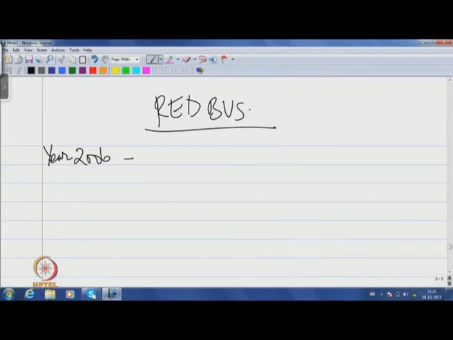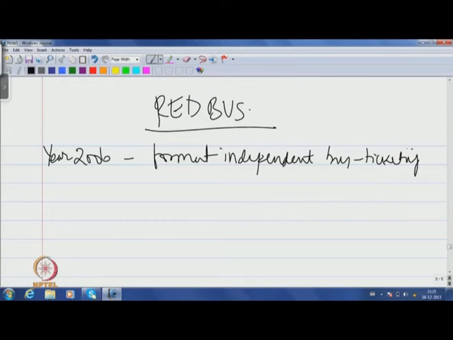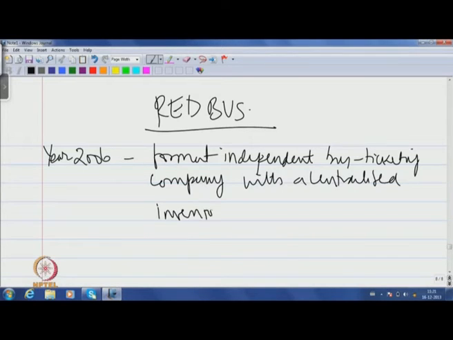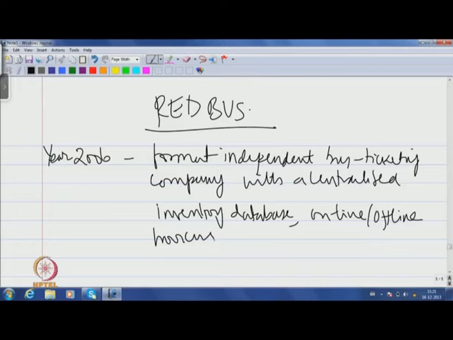And Redbus was launched as a format independent bus ticketing company with a centralized inventory database, providing online as well as offline bookings with a good distribution network.